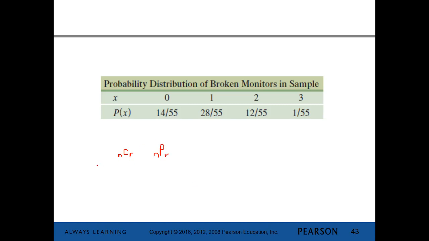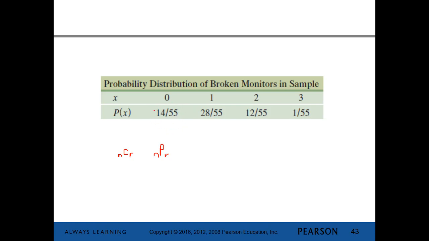Make sure you know how to use these two functions on your calculator. In this case, it's combinations because the manager doesn't care about the order in which he chooses the monitors. All he cares about is, once he chooses his 4 monitors, how many of the 4 are defective. So these are going to be based in combinations, and you need to make sure you know how to calculate these probabilities.